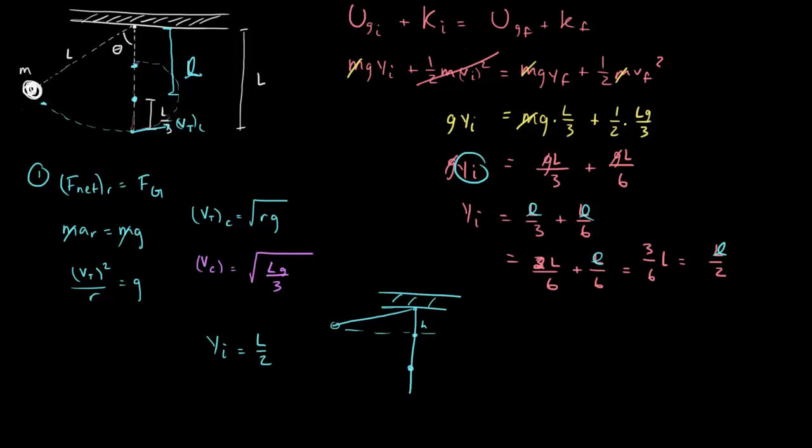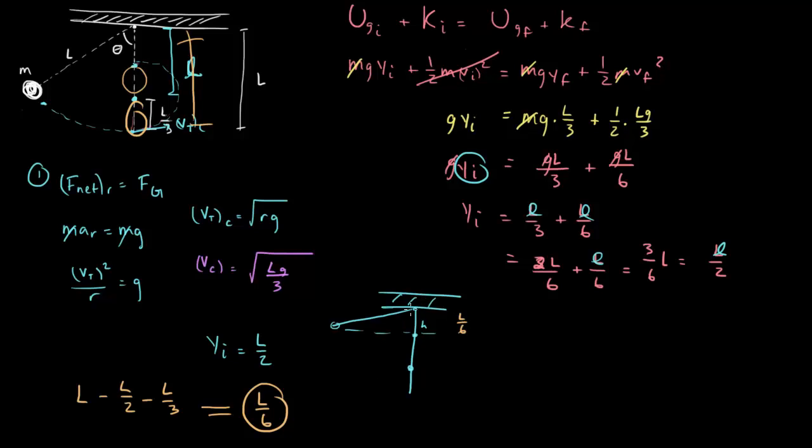So the way to get that height is to simply do L minus L over 2 minus L over 3, because I'm subtracting the L over 2 and the L over 3 from the whole height. And that should give me, you guys can just do a bit of arithmetic right there, L over 6. So the height I want to start at is L over 6.